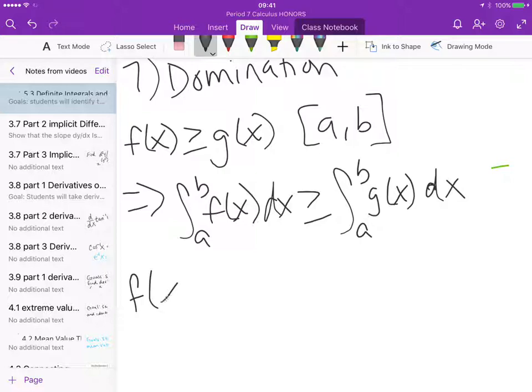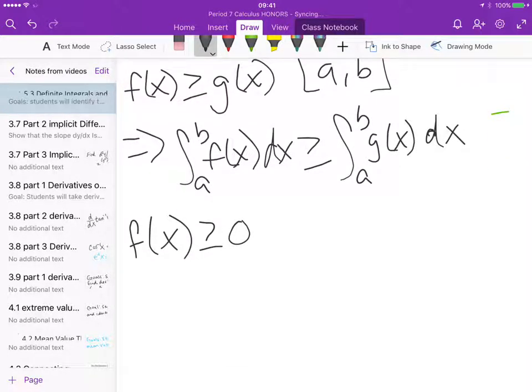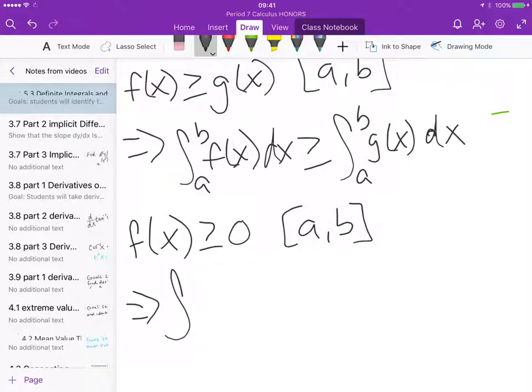Let's say, for instance, f of x is just simply greater than or equal to 0, and we're not comparing it to another function, still on that same interval from a to b. What this implies is that if we have the function f being bigger than 0, then from a to b you must have an area under that curve that is greater than or equal to 0 as well.